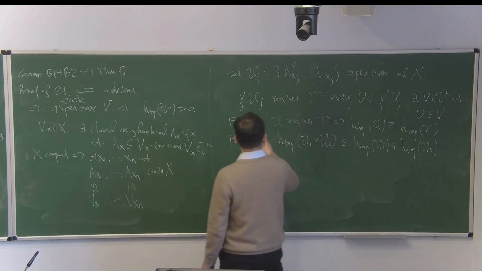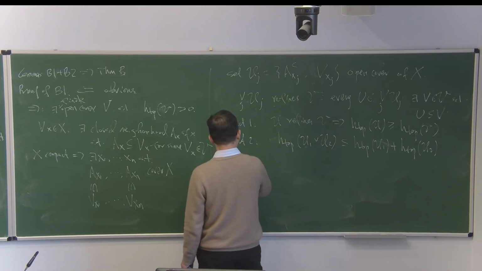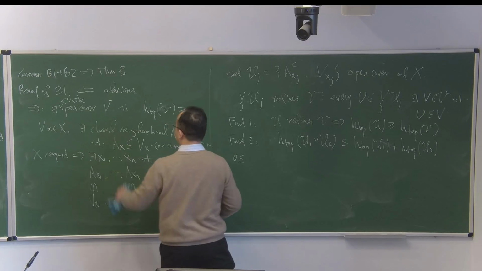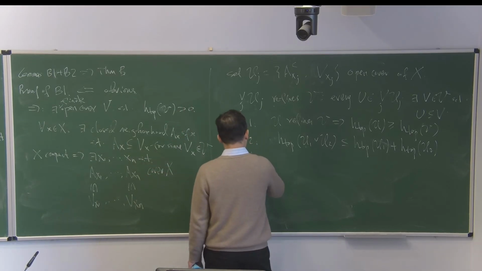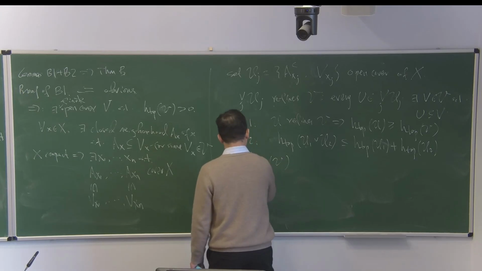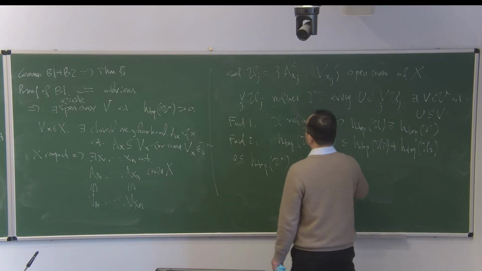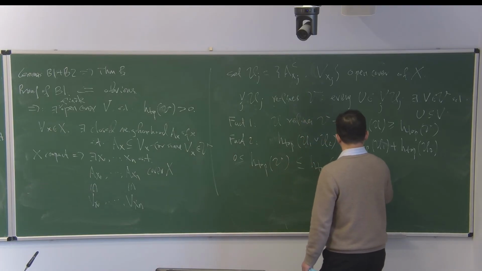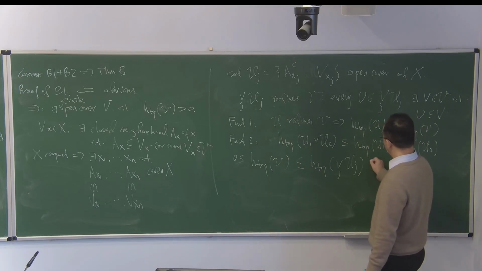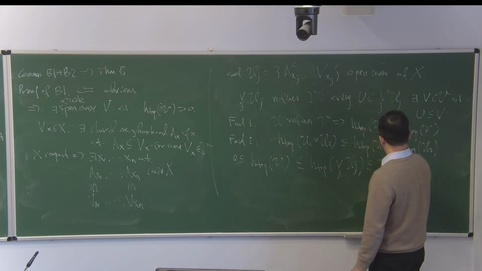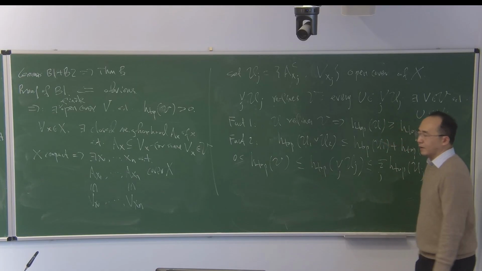So now from these facts here, what we can get is that we already assumed that V here has positive entropy, and this one defines it, so it has bigger entropy. Then the second fact, this is actually at most the sum of the entropy for each guy.